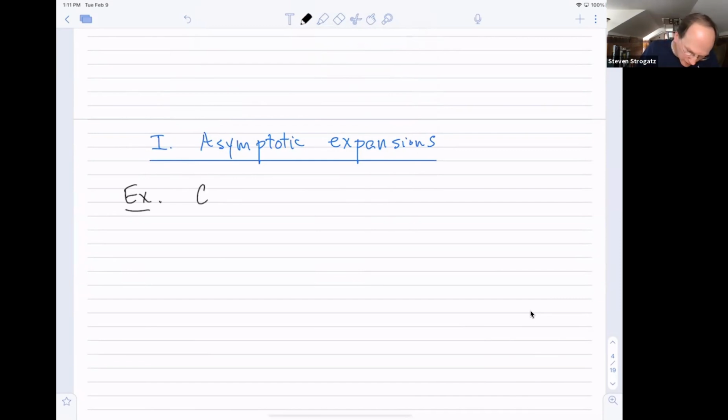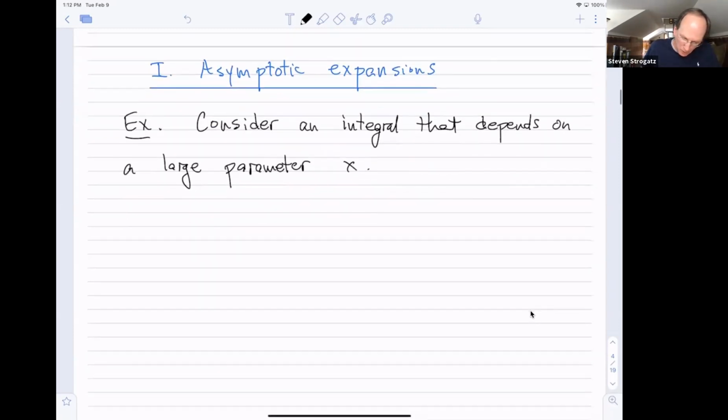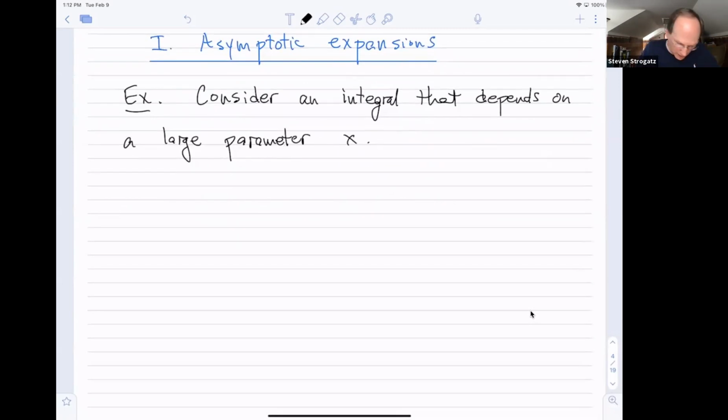So let's consider an integral that depends on a parameter. I'll call it x, the parameter. So the integral we'll do is regarded as a function of this parameter.